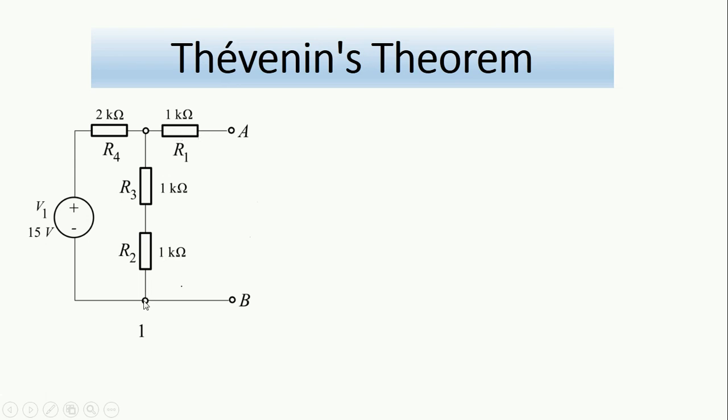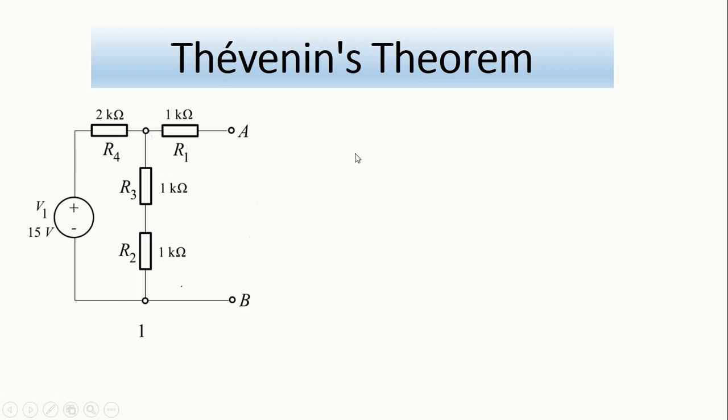If we can get the voltage at this point, then this is the voltage drop across these two resistors, R3 and R2, which is the no load voltage or open circuit voltage, the V Thevenin that we are looking for. For this, we can apply the voltage divider rule, which we explained in the previous tutorial.